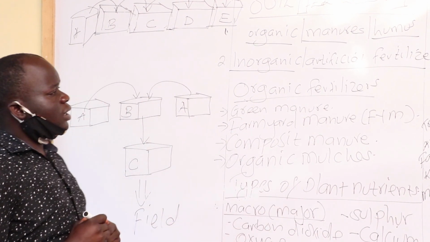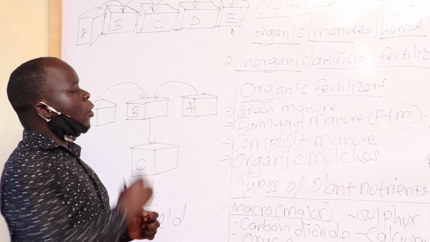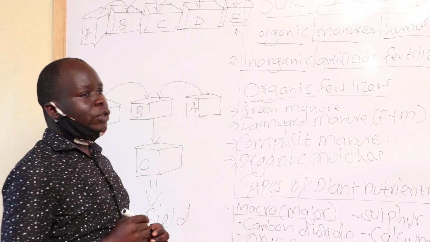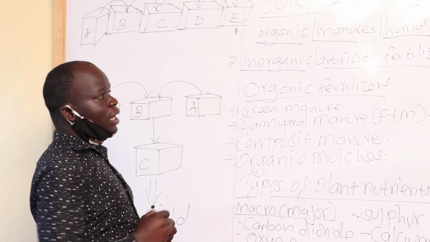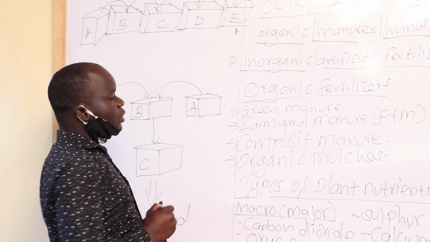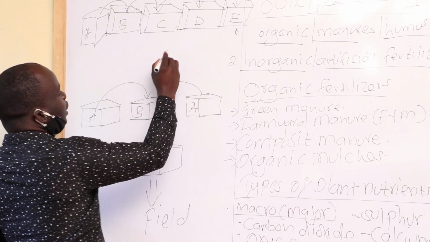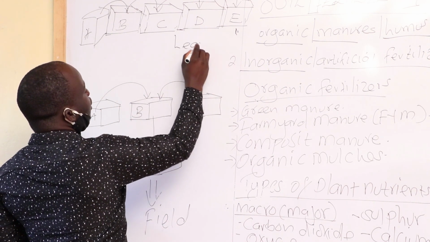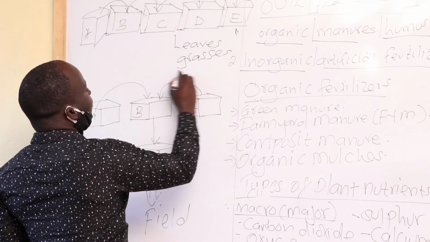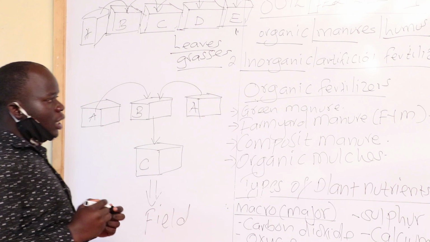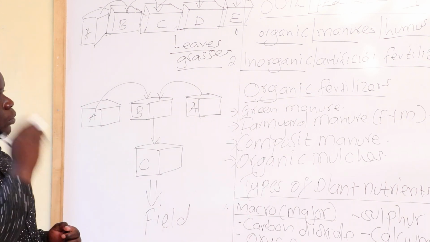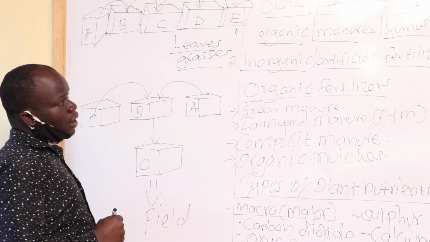Organic materials are materials that can be composted by time, or they can rot by time, and the process provides the soil with nutrients. These organic materials are majorly leaves, dry leaves, grasses, and any other organic material that you know. You can use it to prepare organic manure, as we are going to learn in this topic.